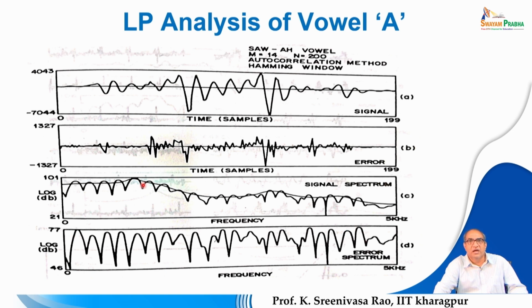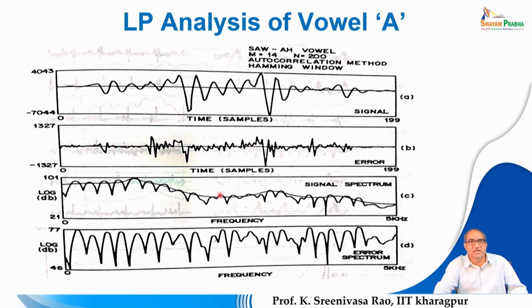And here again, in the LP analysis, whatever LP coefficients you get in the minimization of error, if you plug those LP coefficients into the all pole filter and plot the spectrum of this all pole filter, you can observe the smooth spectral envelope, right. The smooth spectral envelope almost covers the signal spectrum.